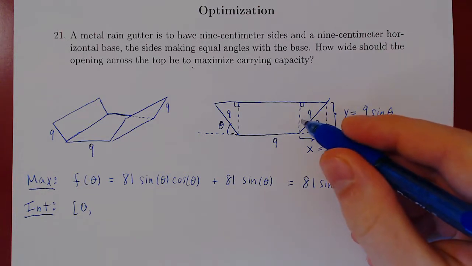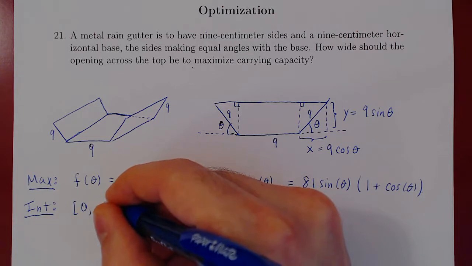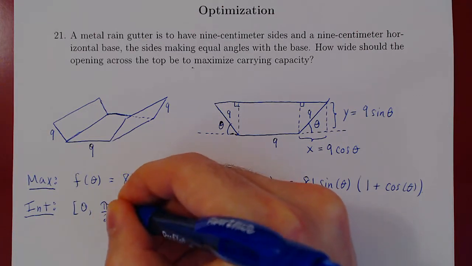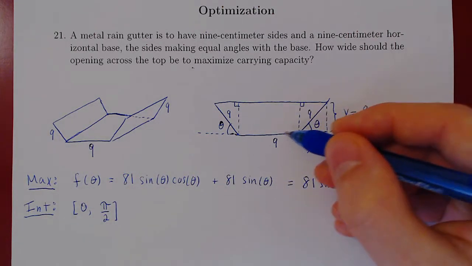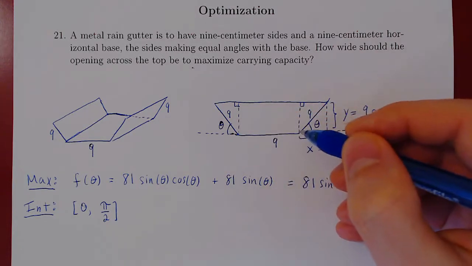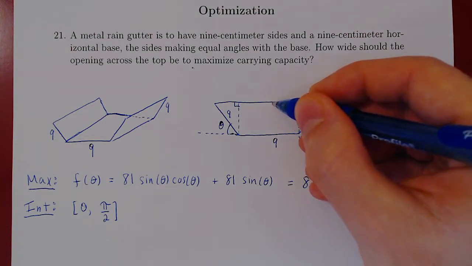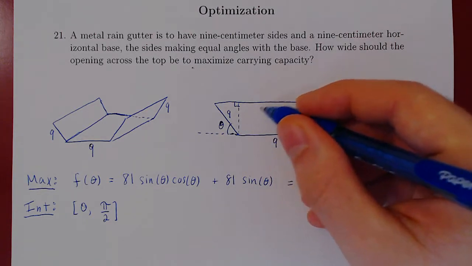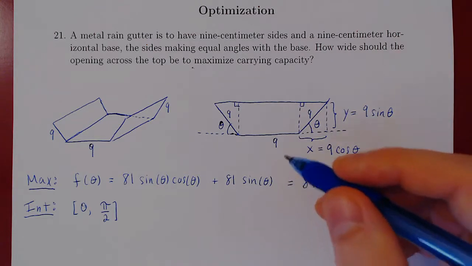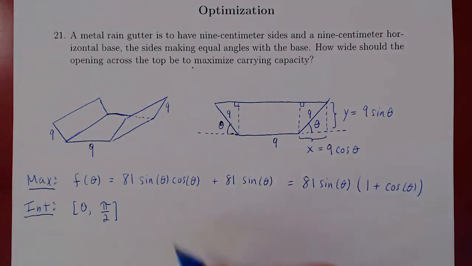So we can only allow theta to be up to pi over 2, because at pi over 2, we get the rectangle as our rain gutter. And so for any other larger angle than pi over 2, we have a smaller region inside the rectangle. So the area will be obviously less than the area of the rectangle, therefore it will not possibly give us a maximum. And now we have a closed and bounded interval, and so we're good to go.